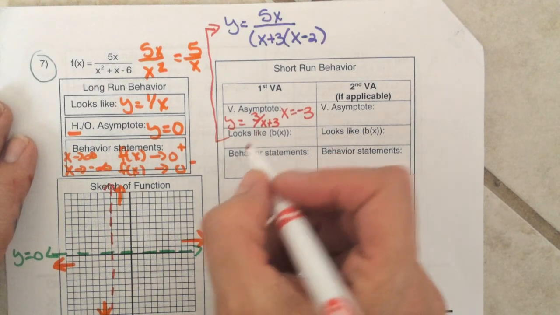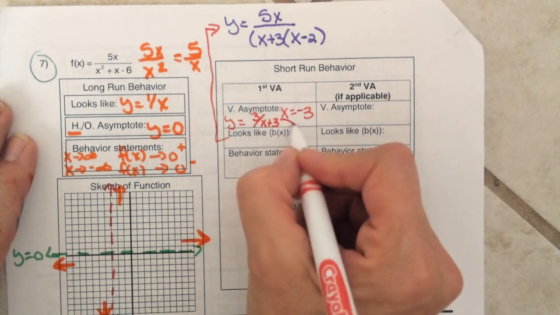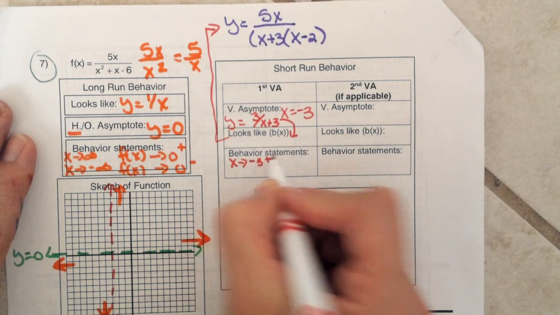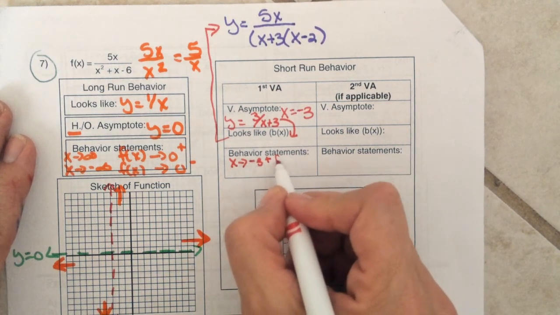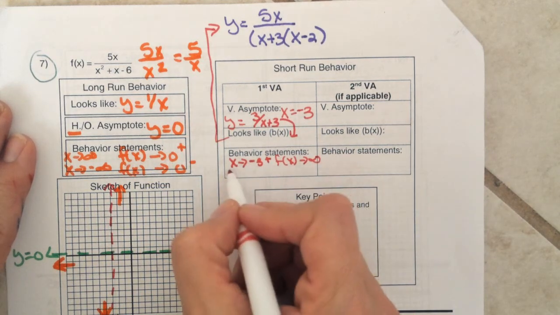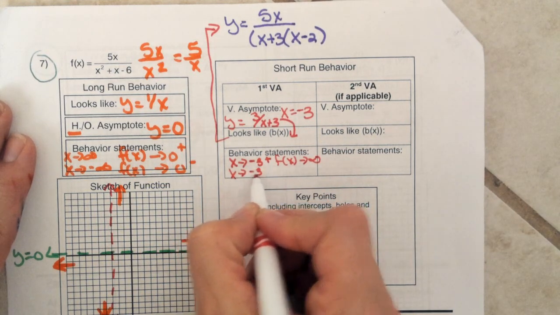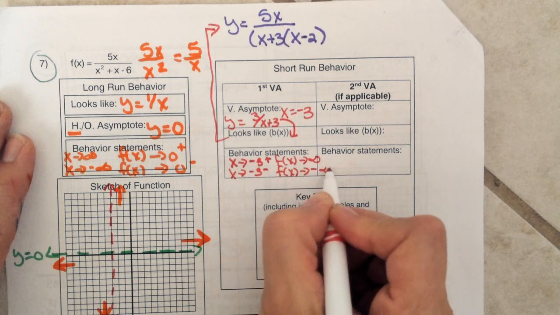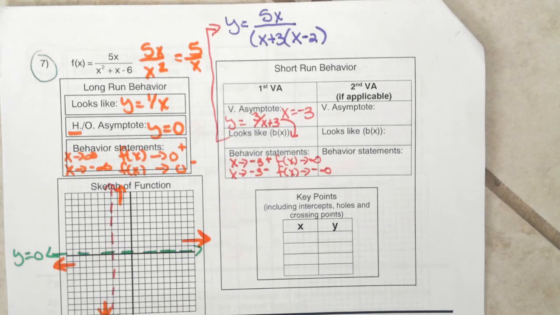So the behavior statement would be, as x approaches negative 3 from the right, my graph goes up to infinity. And as x approaches negative 3 from the left, my graph goes down to negative infinity.